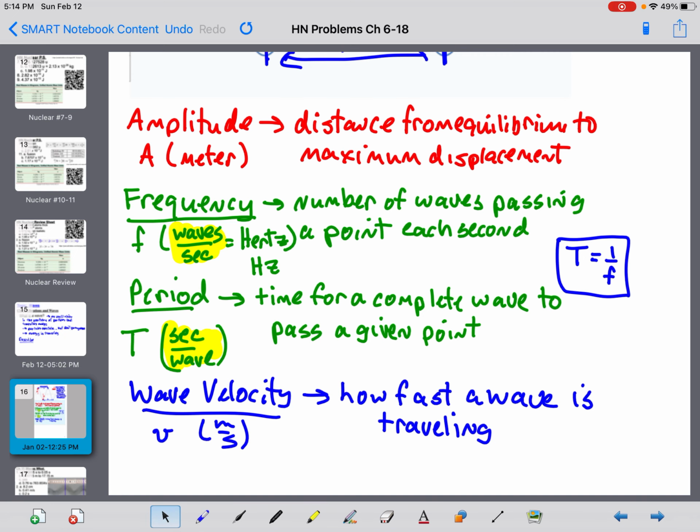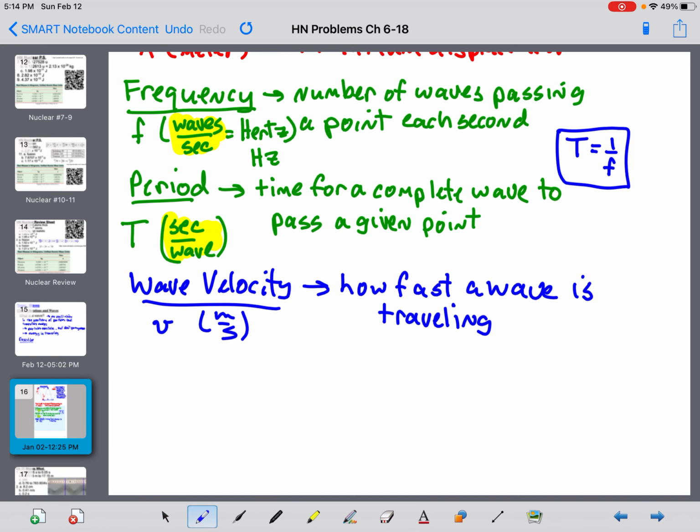Okay, now if we consider calculating wave velocity, we can use our velocity equation we introduced way back in chapter 2, displacement over time. If you know how far the wave travels, it travels across the classroom, and you know how long it takes to, for example, travel across the classroom, then you can divide those two. We can also write this equation based on the variables we defined above. If our how far is one specific wave or a wavelength, then the time for one wavelength would be the period.